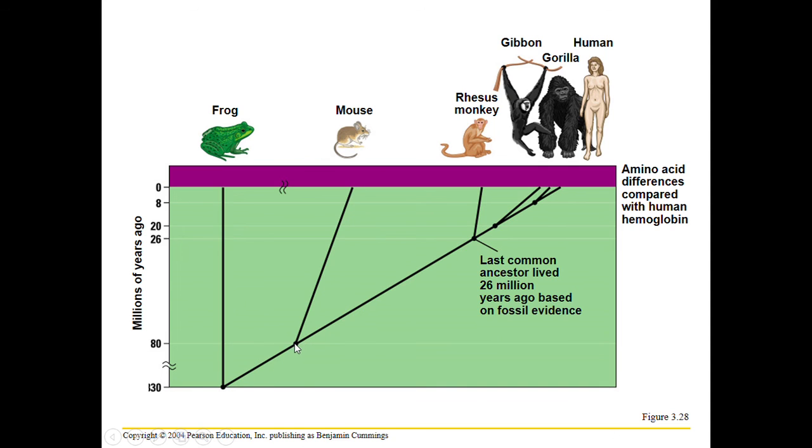Mouse branched off around 80 million years ago, and then we have this last common ancestor about 26 million years ago before we branched off into different types. All right, and that is it for our chapter on molecules.